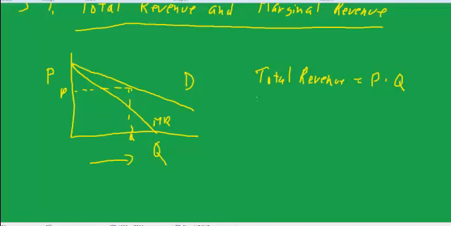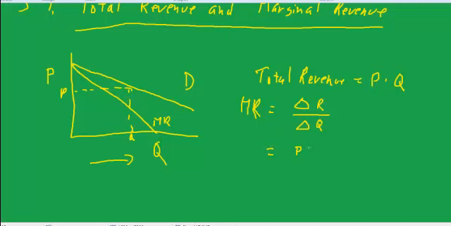Marginal revenue is the change in revenue as you increase quantity. And it has two components to it.